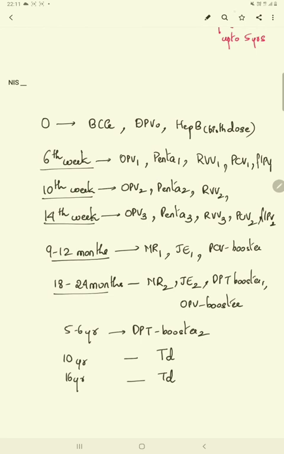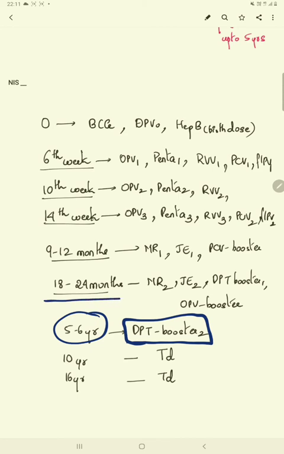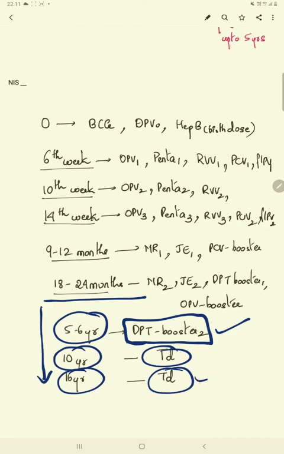Right. So the next timeline is the 5 to 6 year timeline. At 5 to 6 years you are only going to give the DPT booster, only one thing. After 2 years, you are only giving one vaccine in each timeline. So at 5 to 6 years, the DPT booster; at 10 years, you will give the TD; at 16 years, again the TD.